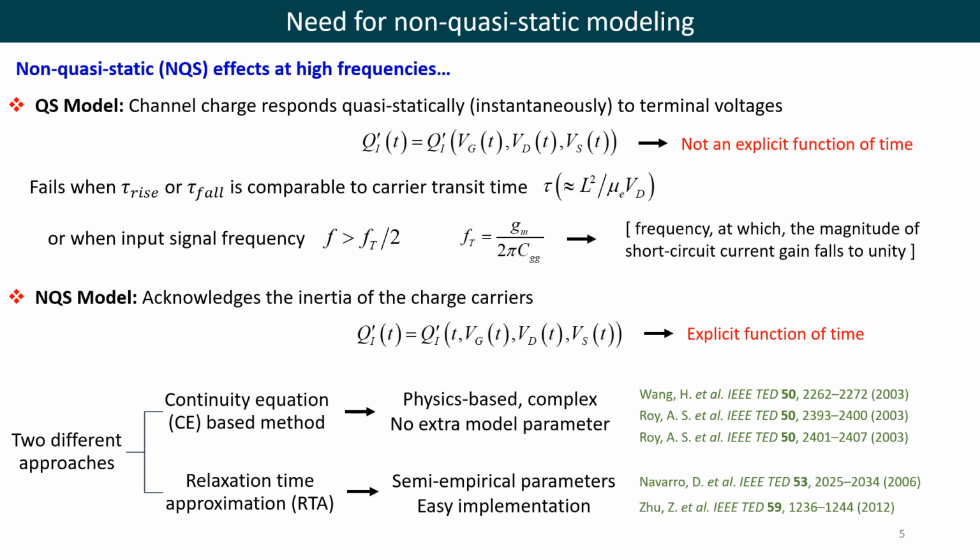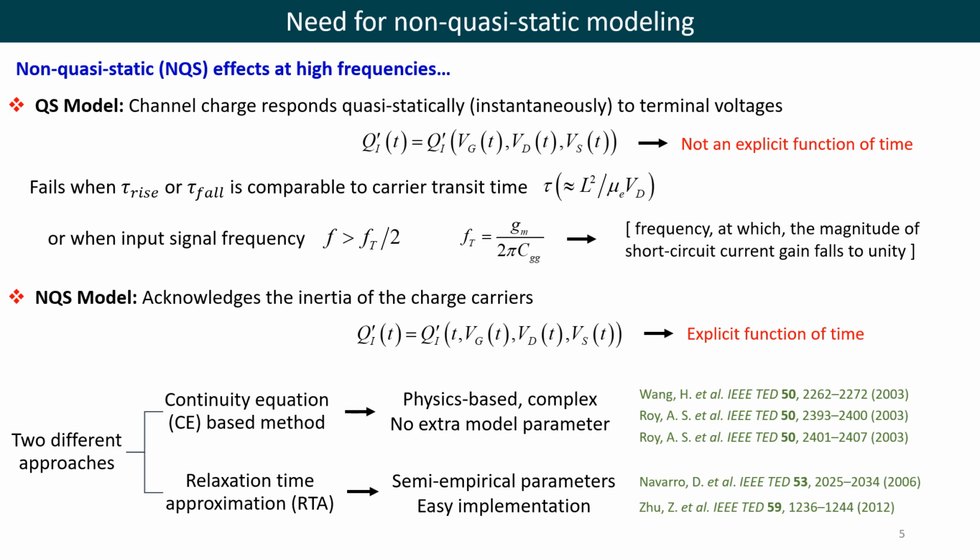The non-quasistatic effects appear particularly at high frequencies. The existing device models of 2D materials are built upon the quasistatic approximation, which basically neglects the finite non-zero inertia of the charge carriers and thereby completely neglects the carrier transit time from source to drain.